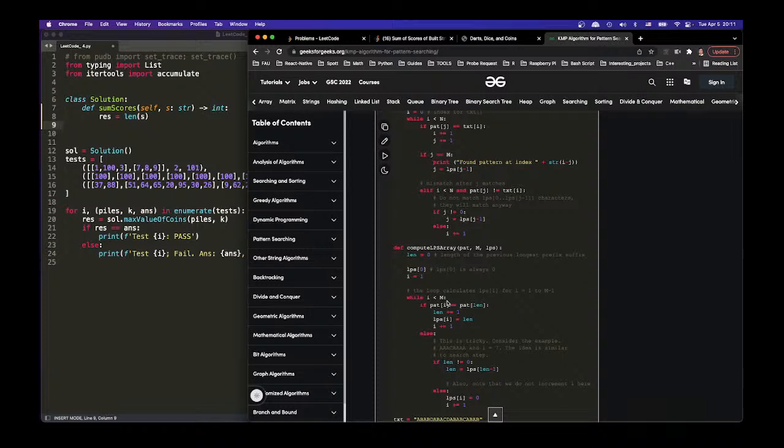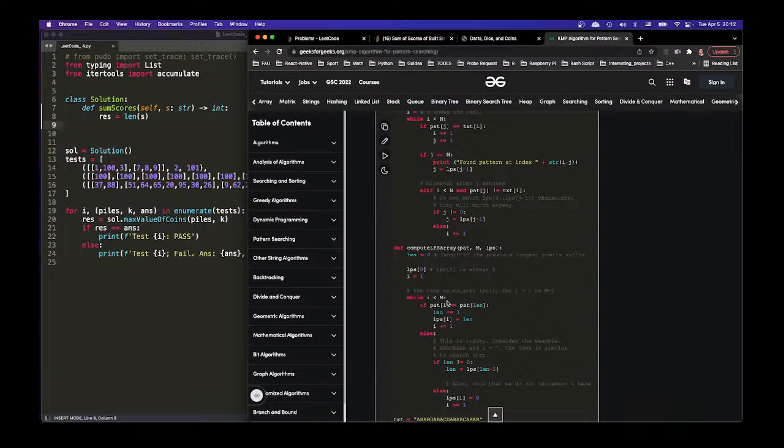If pattern[i], the current one, is equal to pattern[length]... we are assuming that everything matched so far, so the length is the previous longest matched prefix.